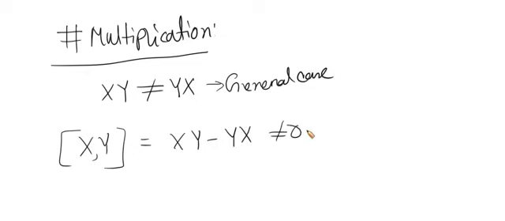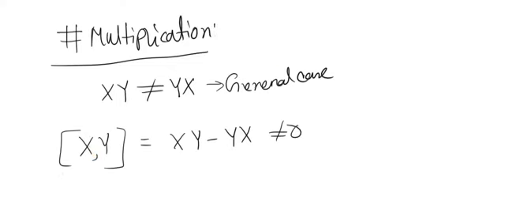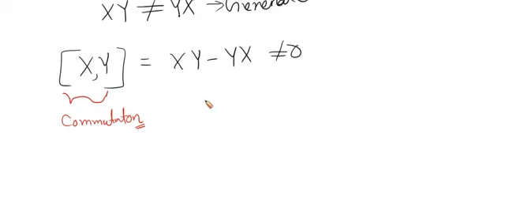Let me just write it down again. We talked about this when we talked about matrices. So this is the commutator. The importance of this non-commutativity lies in the fact that some operators correspond to observables.